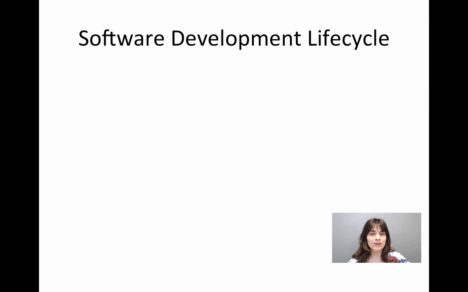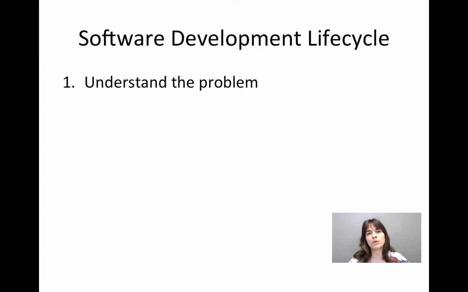When we are writing software, we need to have in mind the basic milestones, the basic steps that are included in the software development lifecycle. First, we need to understand the problem that we want to solve. In assignments in this course, the problems will be, hopefully, well specified. You will have all the information that you need in the problem description.